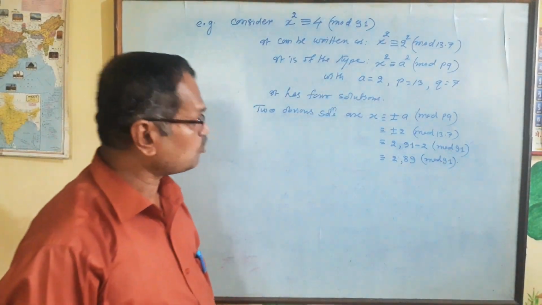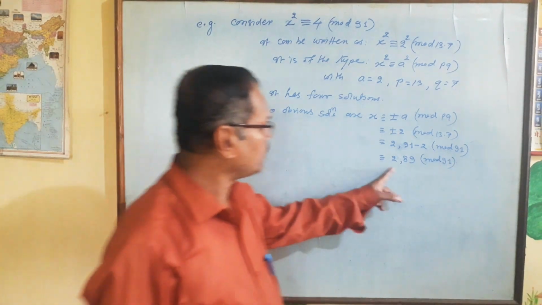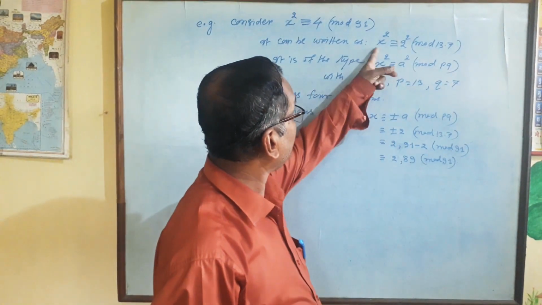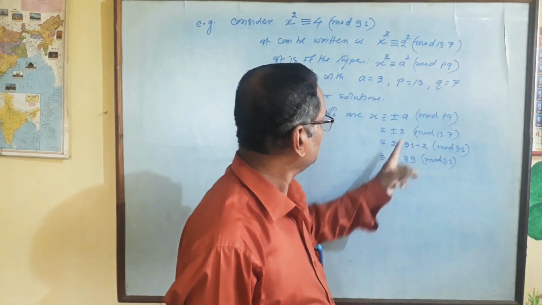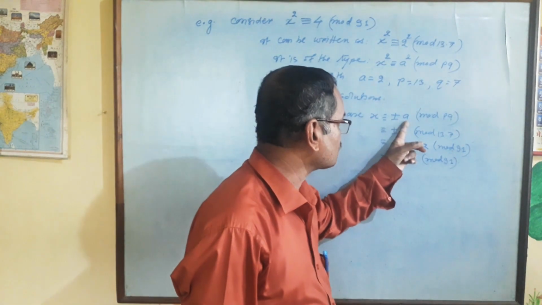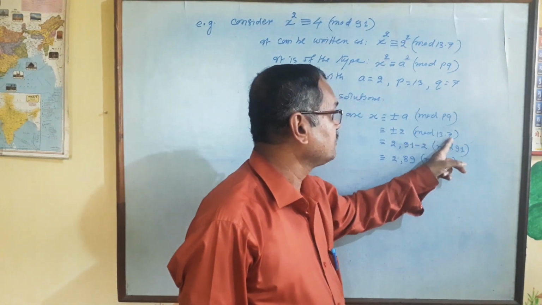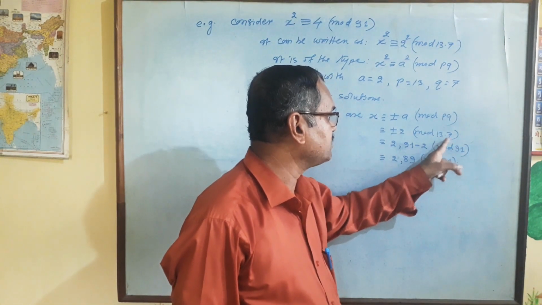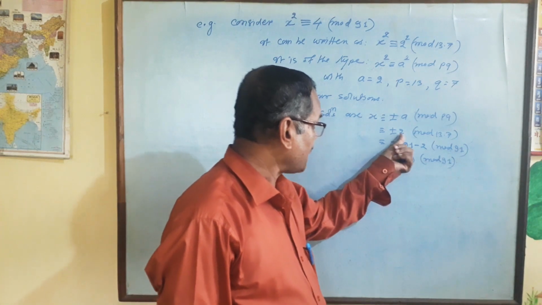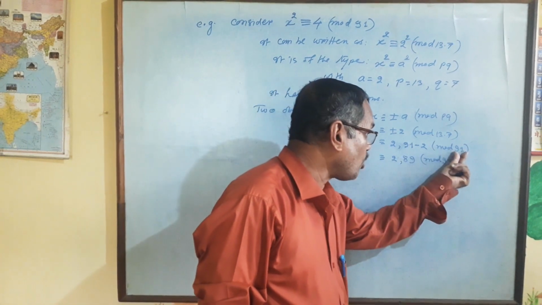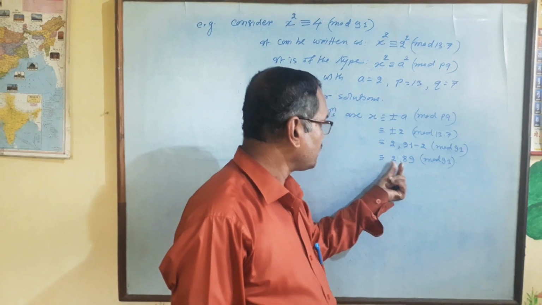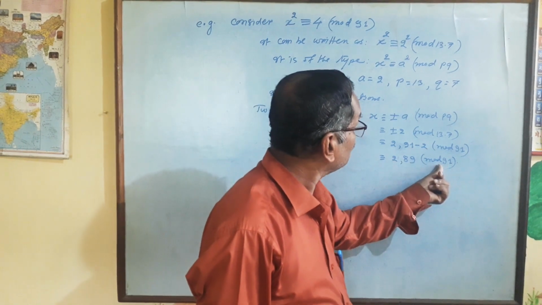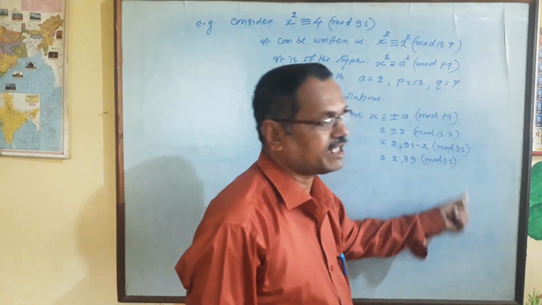These are the two obvious solutions. x square equal to a square, so x is equal to plus minus a, and a is 2. x is equal to plus minus 2 mod pq. p into q means 91 here. And minus 2 means 91 minus 2, that means 89. So 2 and 89 are the two solutions of the congruence modulo 91.